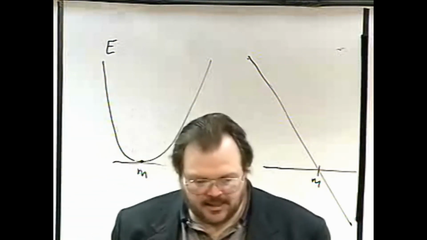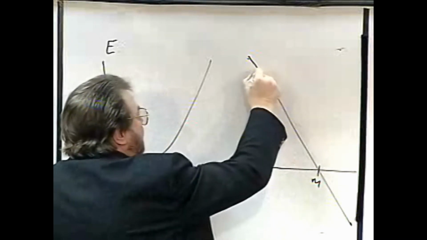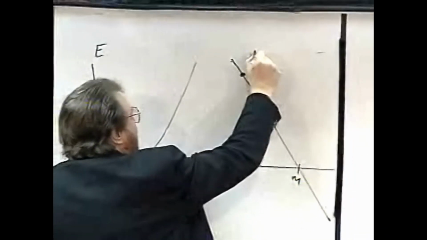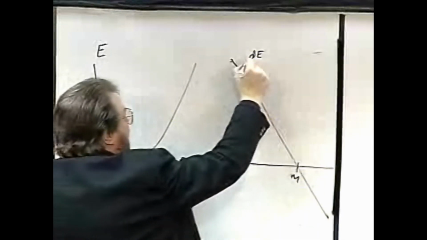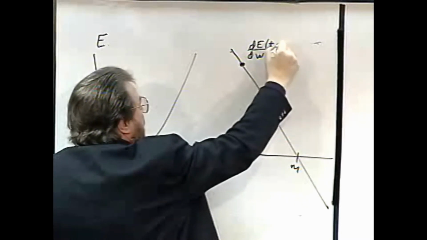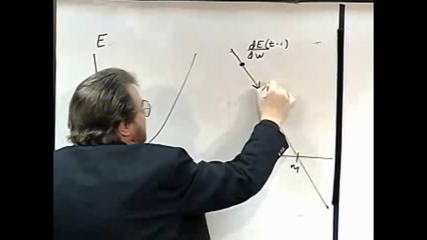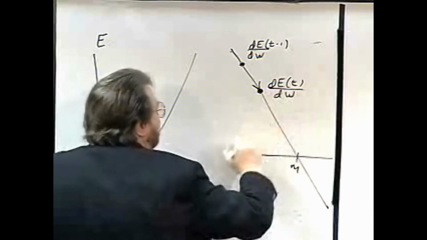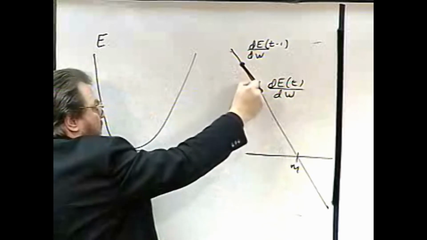So indeed, let's assume that we are at a point for this quadratic surface, and we have actually looked at the rate of change. By the way, this is the rate of change of E with respect to the weight. And we looked at the rate of change of E with respect to the weight at time t-1, and our new step has taken us to this point, which is the rate of change of E with respect to the weight at time t. So this was our old point, and this is our new point. We're coming down.